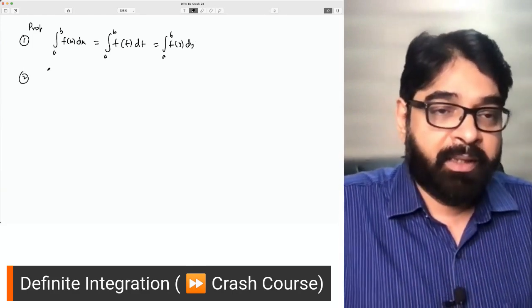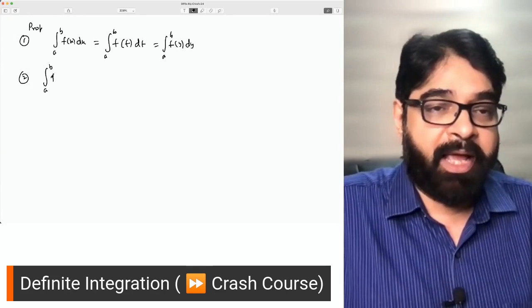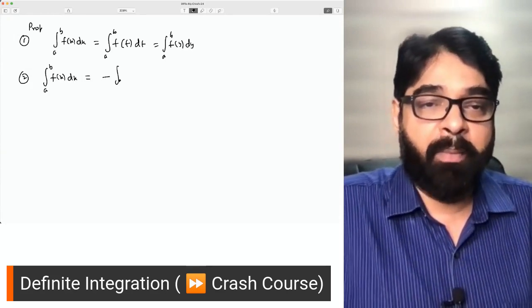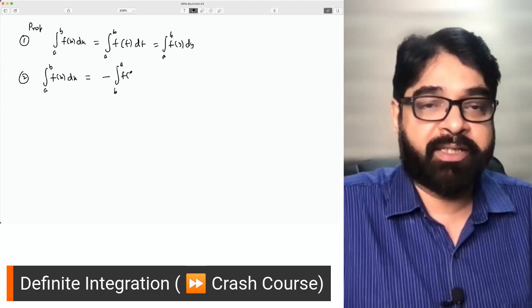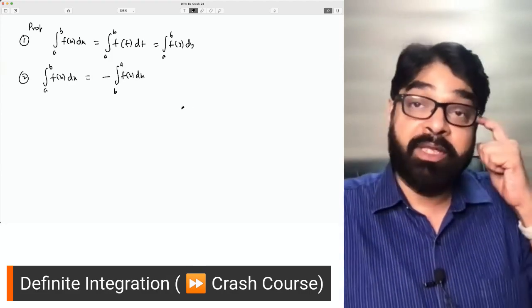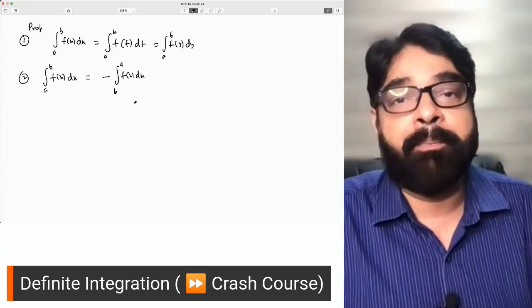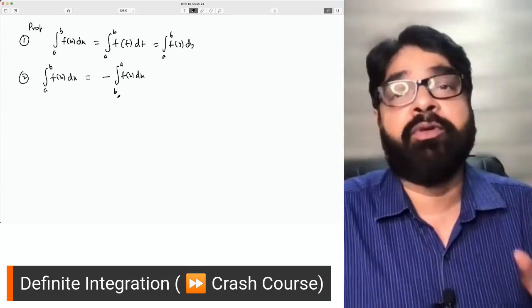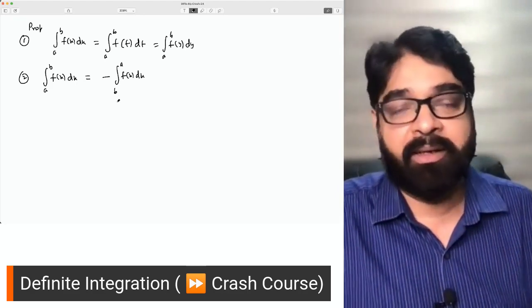Second one. A to B fx dx is equal to minus B to A fx dx. Whenever we change the limit, a minus sign will appear in front. Again, I'm not giving the proof. A beautiful proof is there for this, but we don't have time.